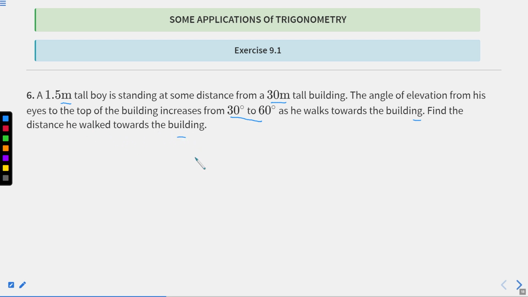Okay, so the height of the boy is 1.5 meters, and he is standing at some distance from a 30 meter tall building. Okay, and the angle of elevation from his eyes to the top of the building increases from 30 degrees to 60 degrees. Okay, why is this increased? Because he walks towards the building, and we find the distance he walked towards the building.